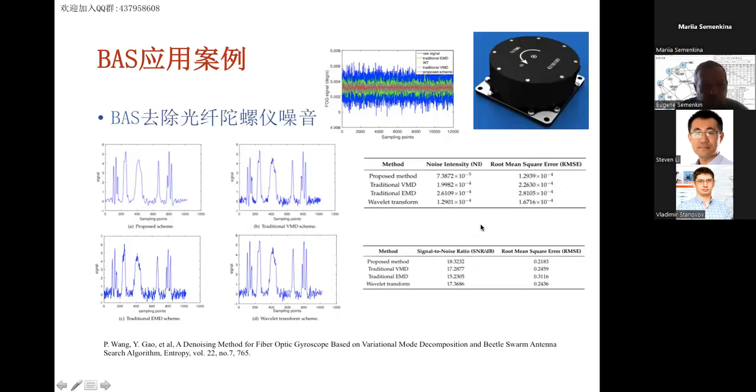This is another application, using BAS, beetle antenna search, for the filtering of noise for fiber gyros. You know, this kind of fiber gyro has been commonly used for planes, for drones, for missiles.